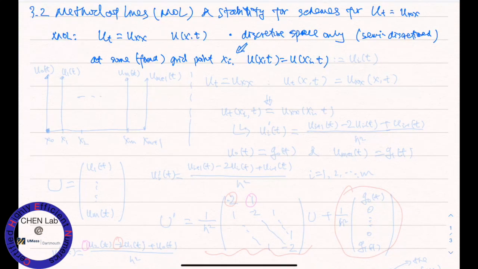So this becomes a function of t only. We call that u_i(t).